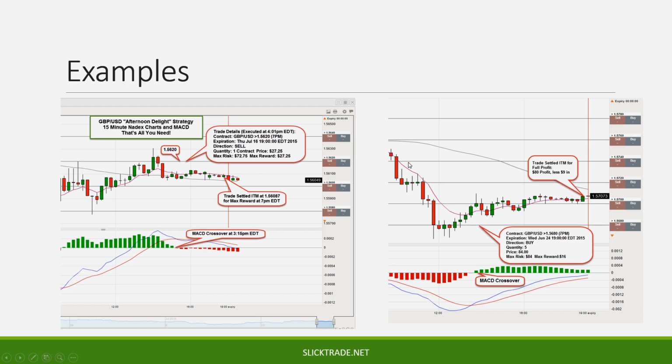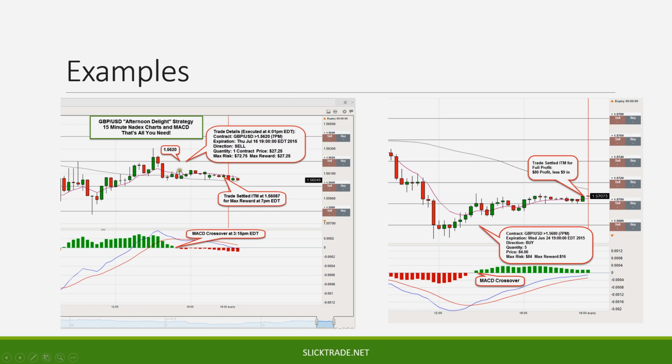So here's a couple examples. These are back from the old video. These were ones that Cam White from Trading Pub took. As you can see in this first example, we had a MACD crossover at 3:15 p.m. Eastern. Right here was that high.